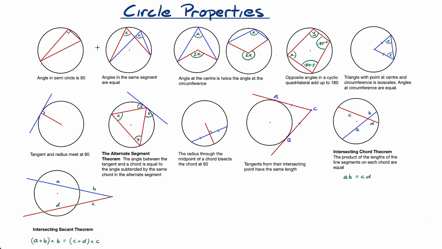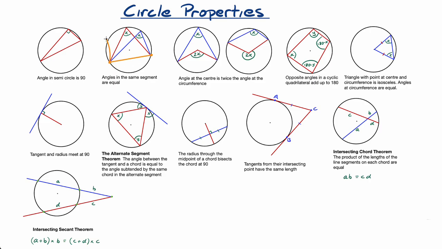Okay, next one, angles in the same segment are equal. So a segment, guys, is if you just draw a line across, I should probably use a different color here. If you draw a line across here, this is a segment and this is a segment. So as long as you start from the same points, basically at the ends of the chord, you will always get the same angle.